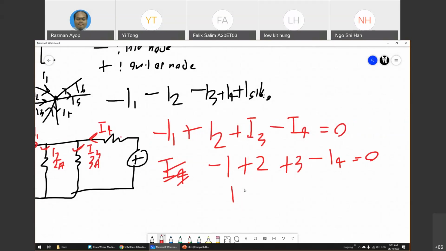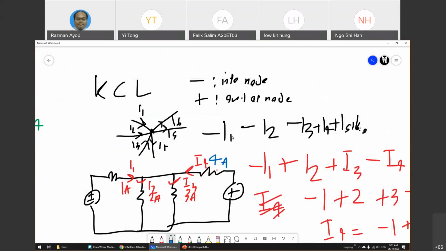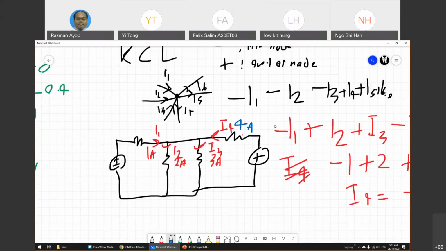So you want to get I4. So I4 is -1 plus 2 plus 3. So you get 4 ampere. So that is how you use the Kirchhoff's Current Law. This becomes 4 ampere. Okay, do you understand the law and how to use it?